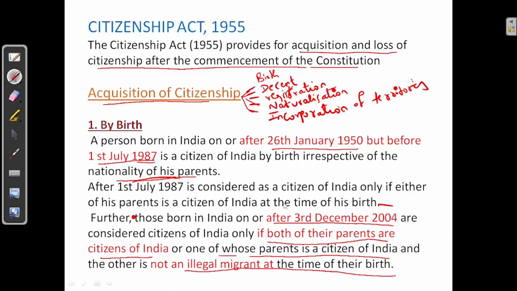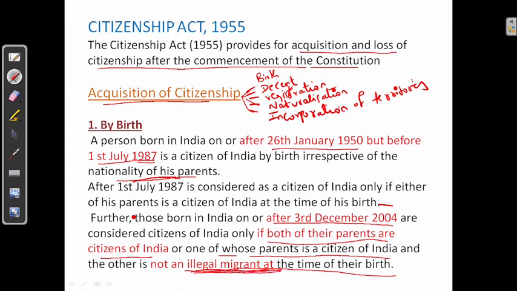Understand? So the person who is born after 3rd December 2004 is going to get the citizenship of India only if both of their parents are citizens of India, or one of the parents is a citizen of India and the other is not an illegal migrant. What is an illegal migrant?